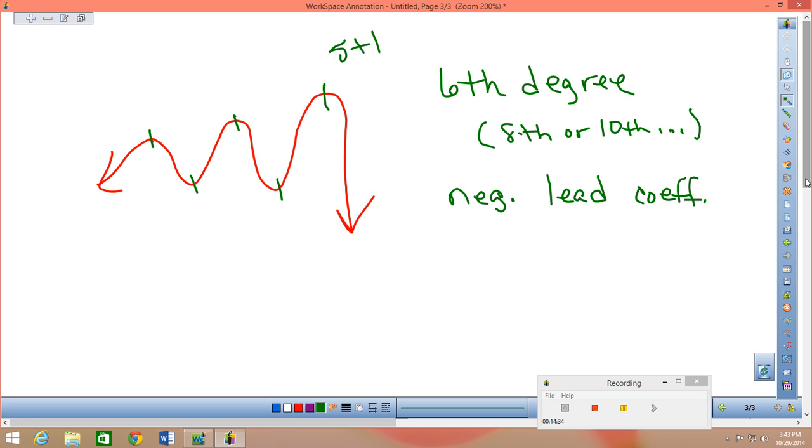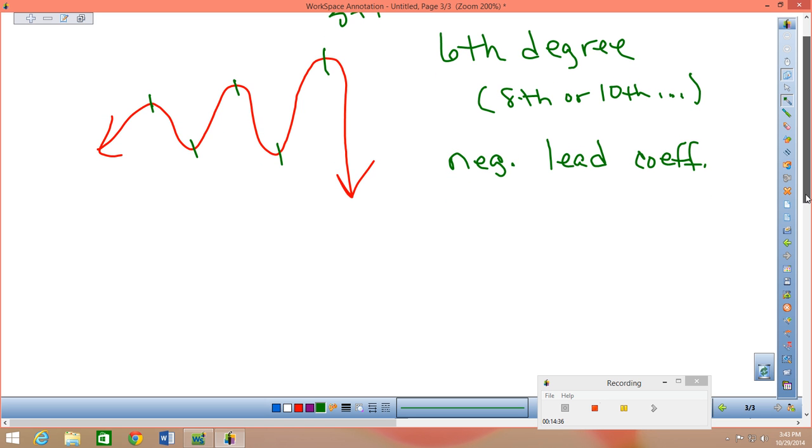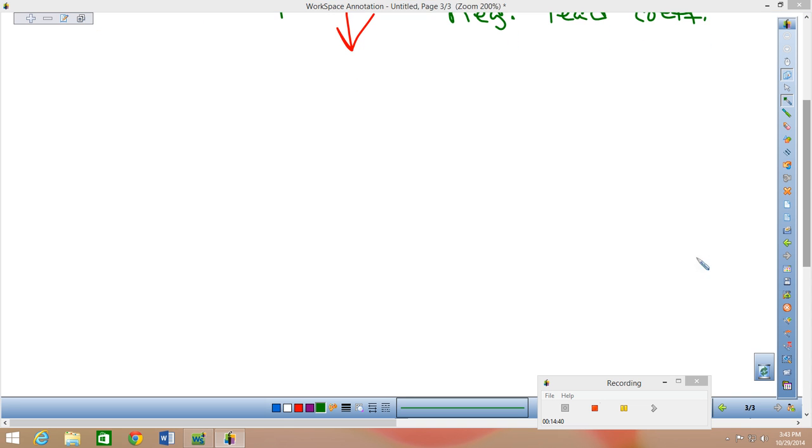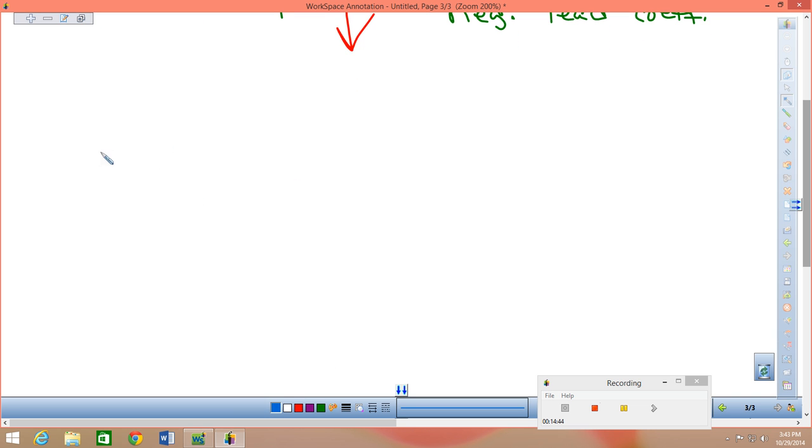So now, let's do one where I give us the information and we draw it. Let's say that I have a 5th degree with a positive lead coefficient.